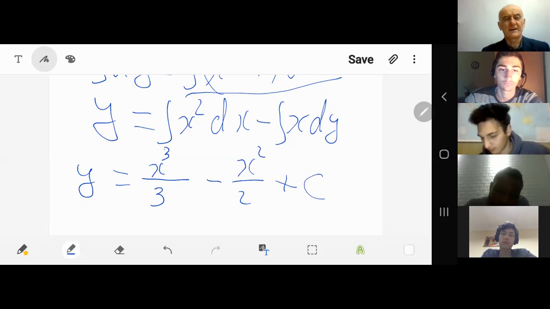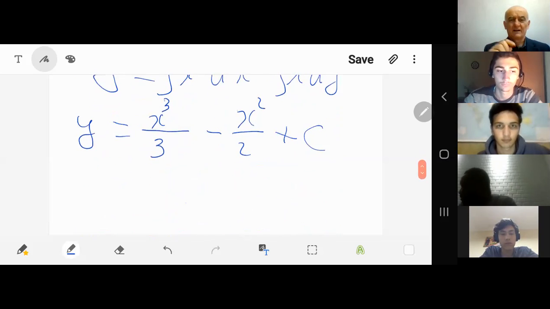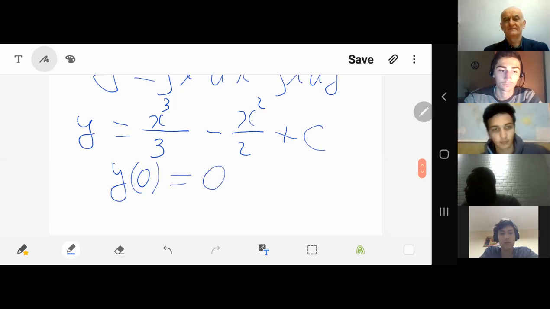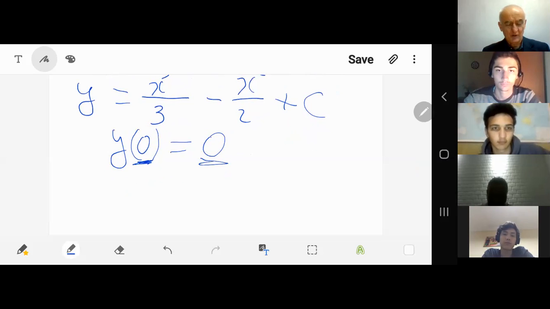Now we need to find the particular solution which satisfies the given condition. Let me remind you what the extra condition was: y(0) equals 0. What does it mean? This first 0 is x, and this 0 is y.